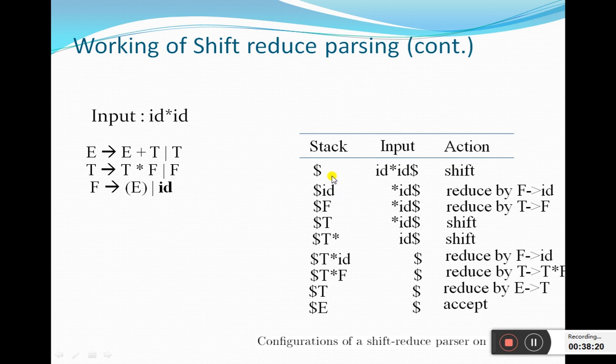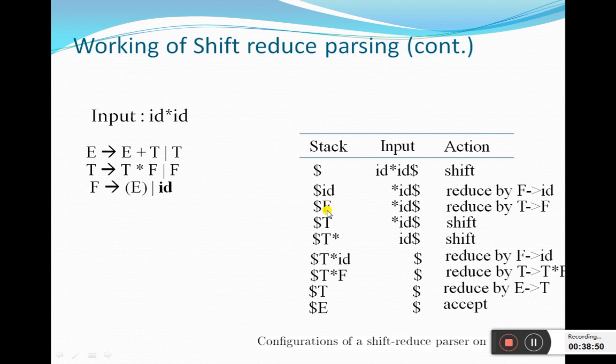And you can see, if you concatenate all the symbols in the stack with the input, you get a sentential form. Say $ is there, no symbols on the stack. So ID star ID is the first sentential form to begin with, in the reverse RMD. So what is the next sentential form? ID is shifted onto the stack. So I'll have ID star ID.